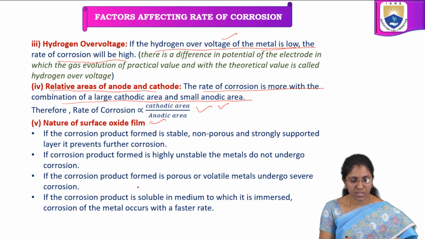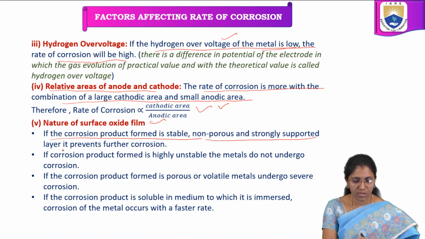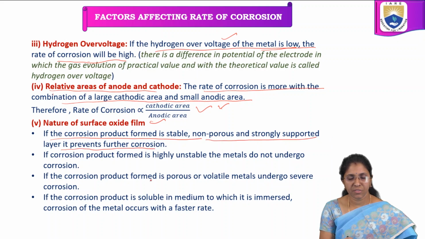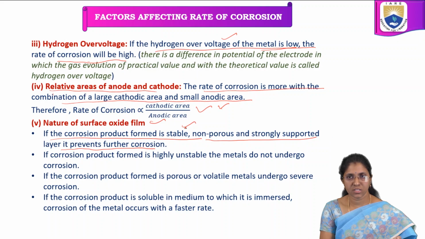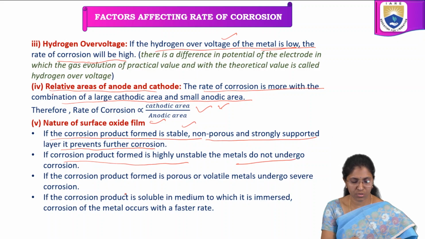The next one is nature of the surface oxide film. If the corrosion product formed is stable, non-porous and strongly supported, that layer will prevent corrosion. If the formed oxide layer is stable, it can act as a protective layer to the metal. If the corrosion product formed is highly unstable, the metal does not get protected.